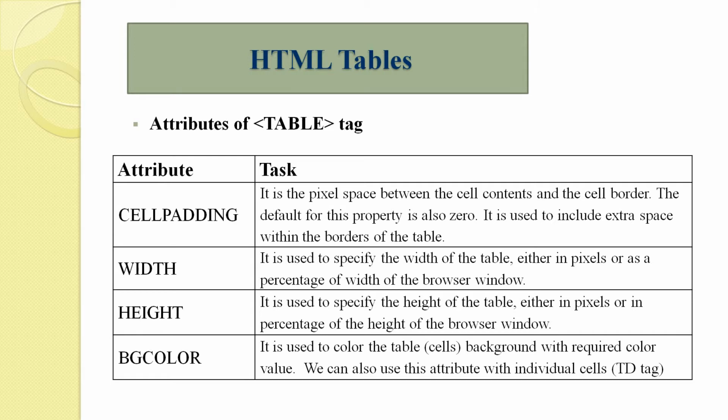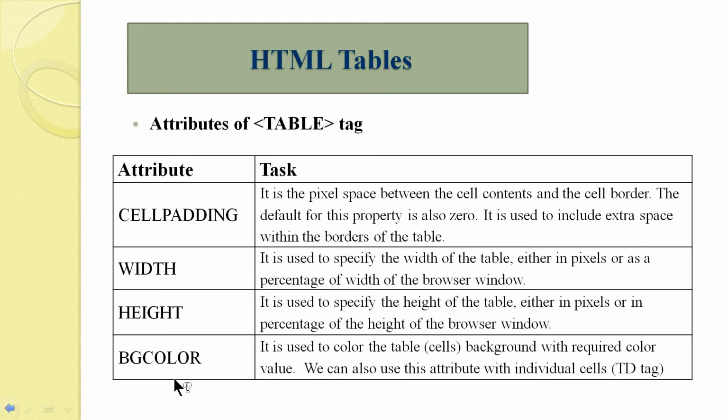Pixel is a static measurement and percent is a relative measurement, whereas percent depends on the font size, whereas pixels are fixed size units where 1 pixel equals 1 dot.